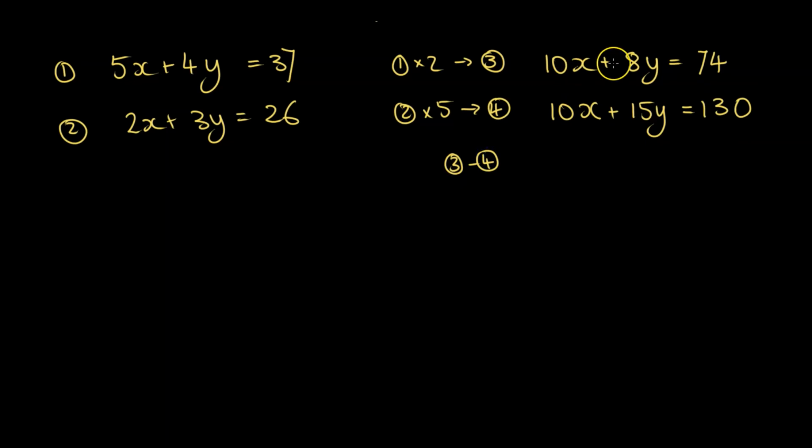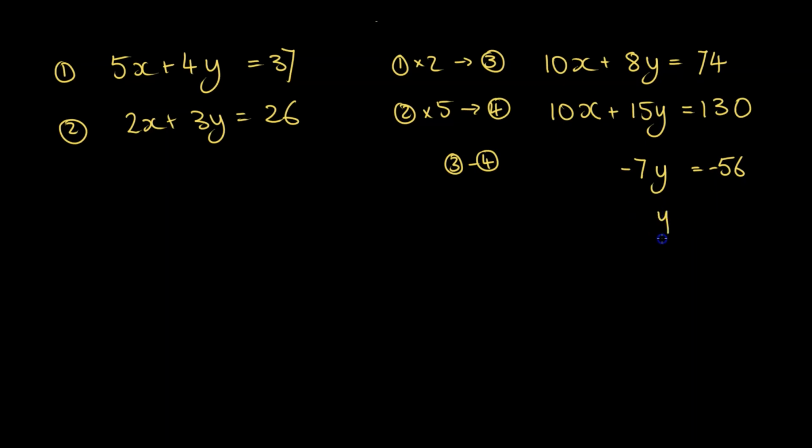I could do it the other way around, but we'll see it turns out all right in the end. So 10x minus 10x is nothing. 8y minus 15y is going to be minus 7y. And 74 minus 130 is going to be minus 56.